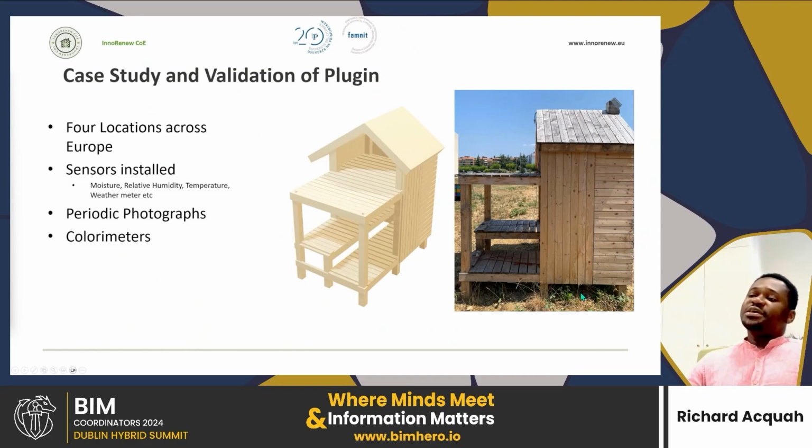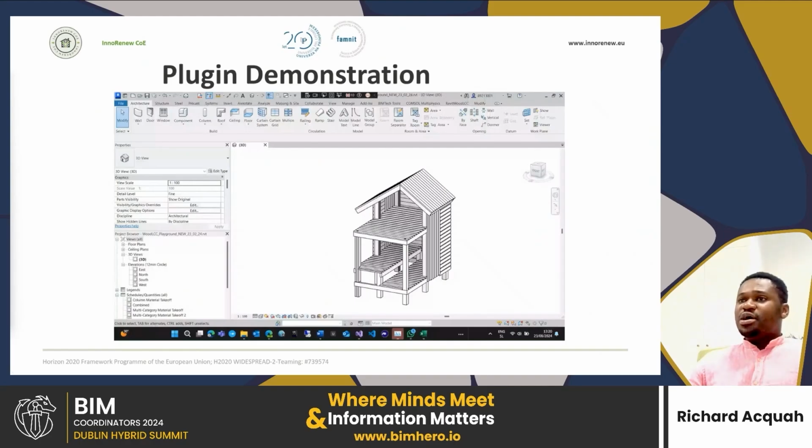And the goal is to monitor these structures over a very long time, whilst we monitor how the performance of these structures is, and whether we would need to replace or maintain certain parts of the structure, and use it as a means of validating the plugin that was developed. So I have a demonstration of the plugin here.